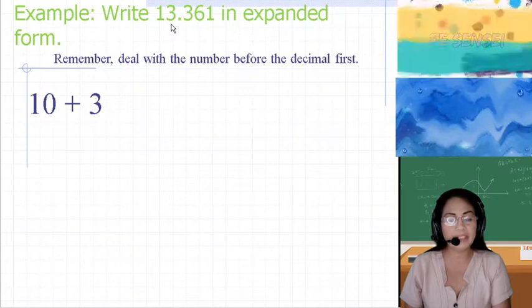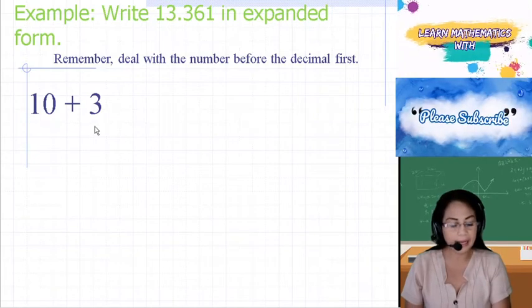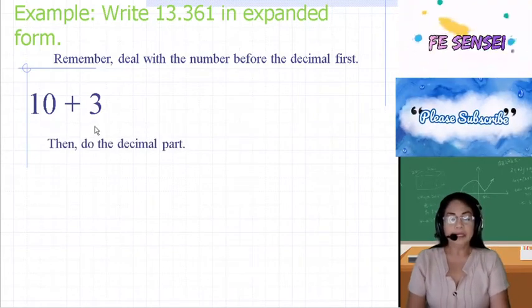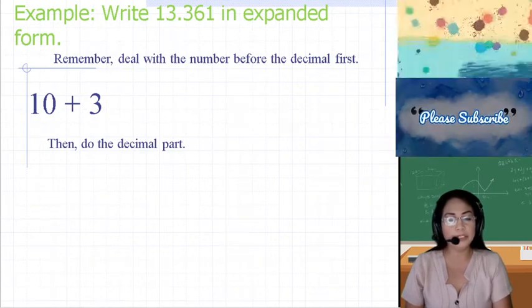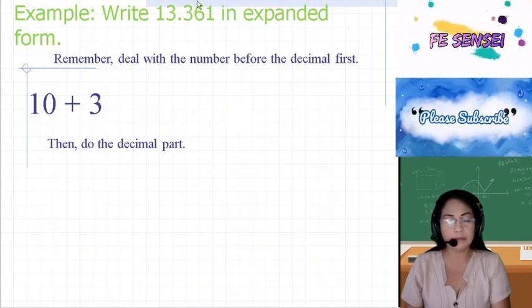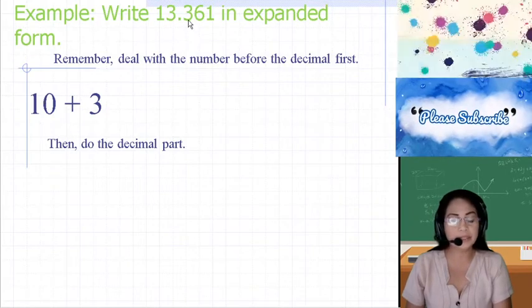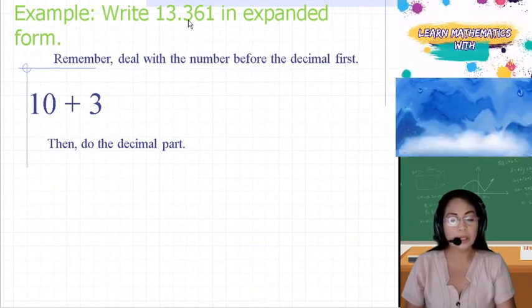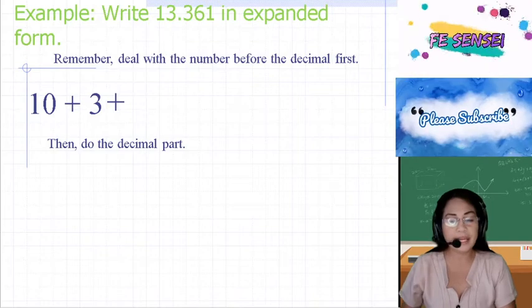Then in the ones place, we have 3. Do the whole number first, then do the decimal part. So this is 3 plus 3 tenths.